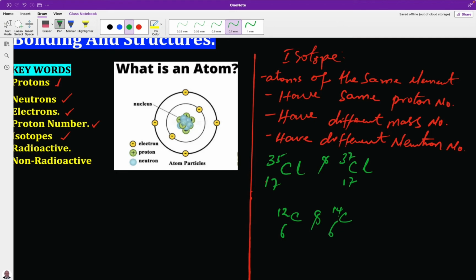So precisely we are saying that isotopes are atoms of the same element, having the same proton number but different mass number.